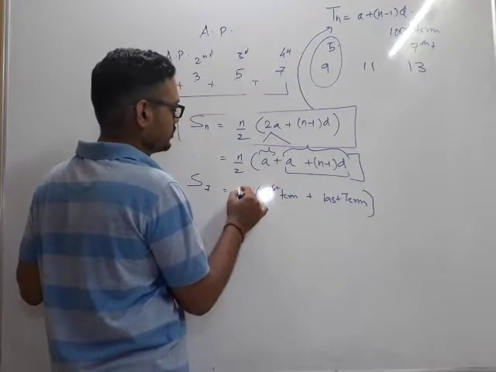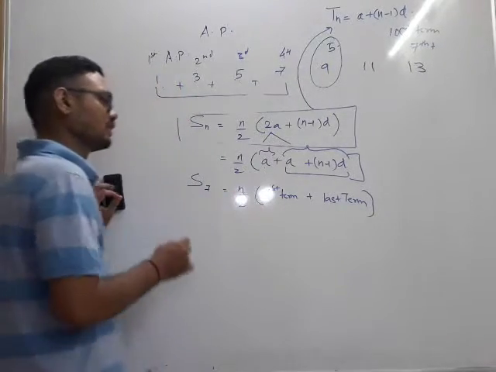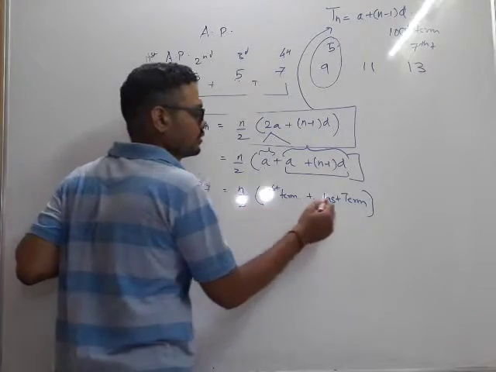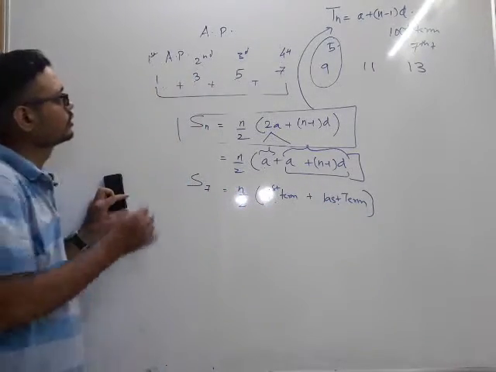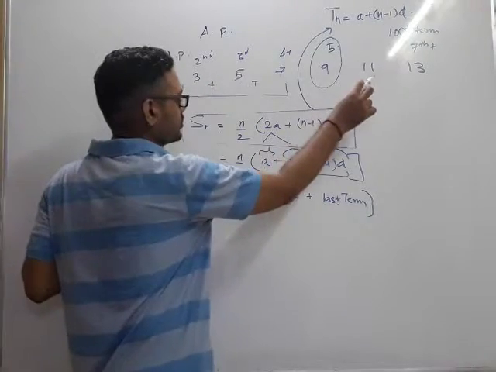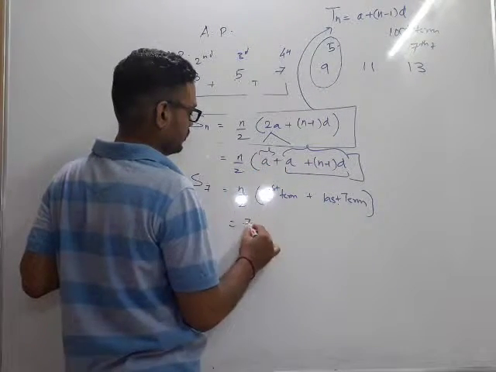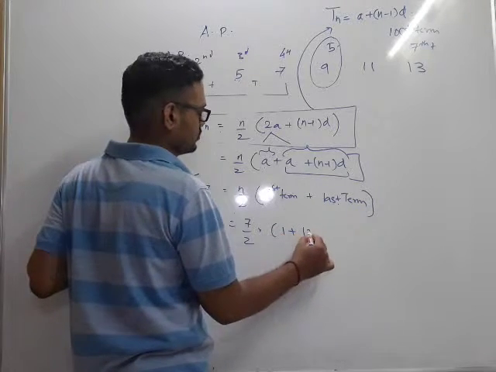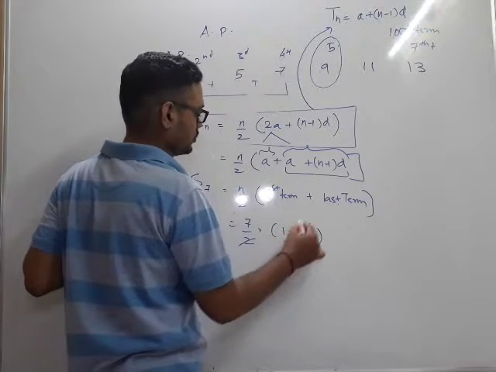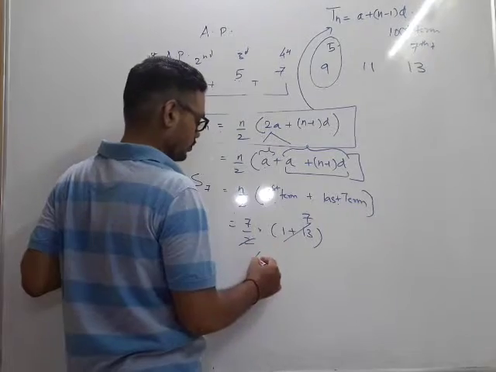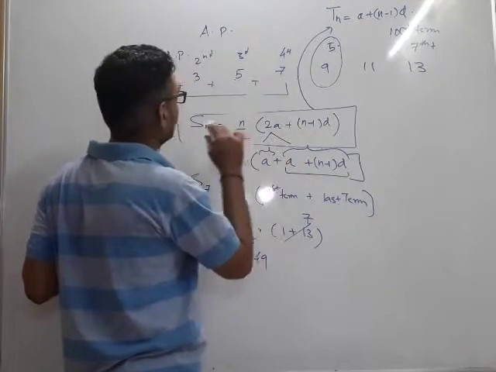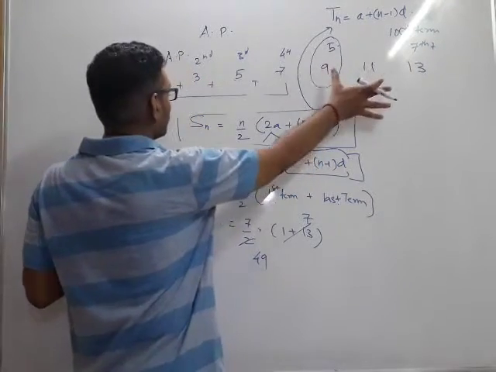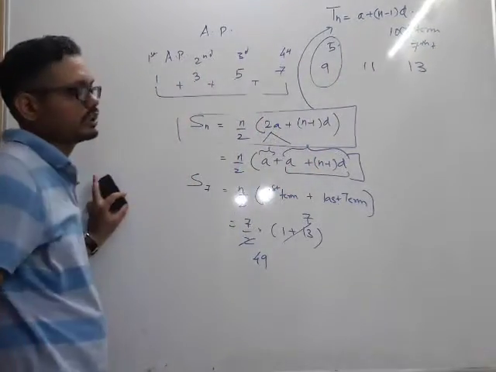It is nothing else but this entire formula can also be written as n by 2 into first term plus last term. 7 by 2, first term is 1 plus last term is 13, so it is 7 into 7, 49. Just check if the sum is 49. This is 20, 20, 40, 40 plus 9, 49.